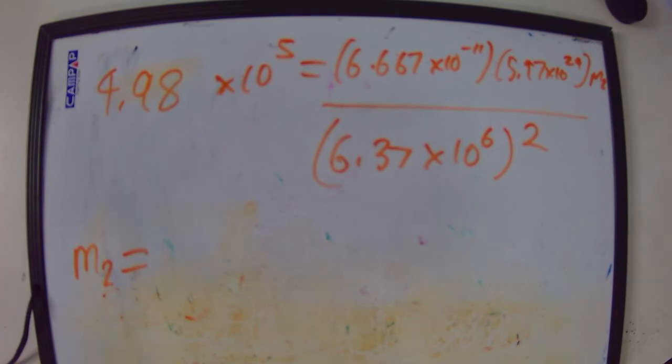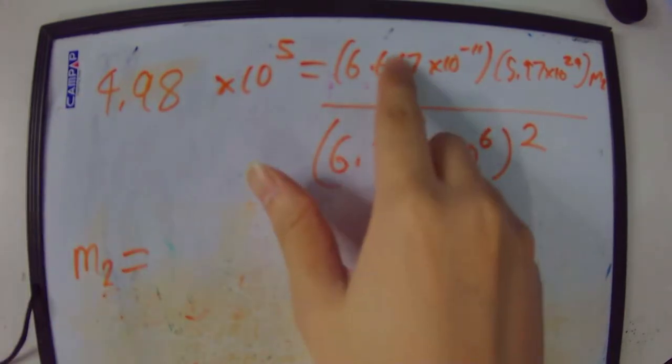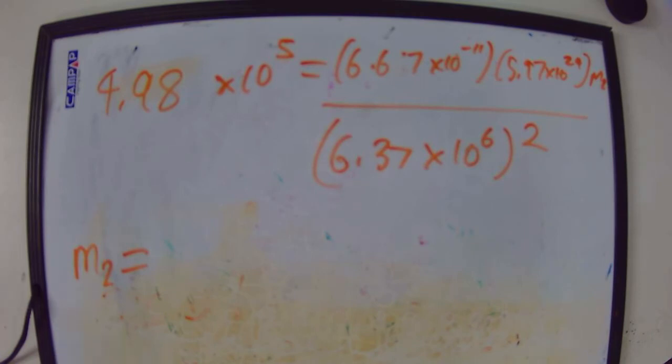So if we were to rewrite the formula, we move this there and move this down there, and we end up with, it's a big calculation.